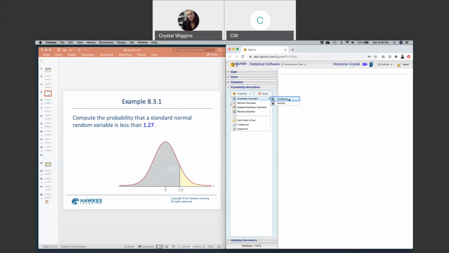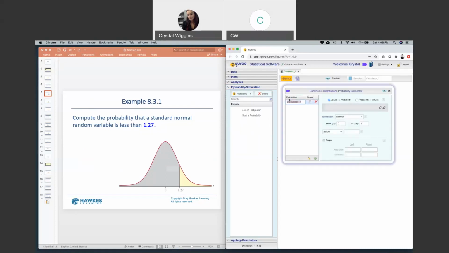Okay, time, distance, weight. We are not talking about discrete variables anymore. So here is our continuous probability calculator, and we will go back and forth today between calculating probabilities knowing values and finding values knowing probabilities. We are using the normal curve.